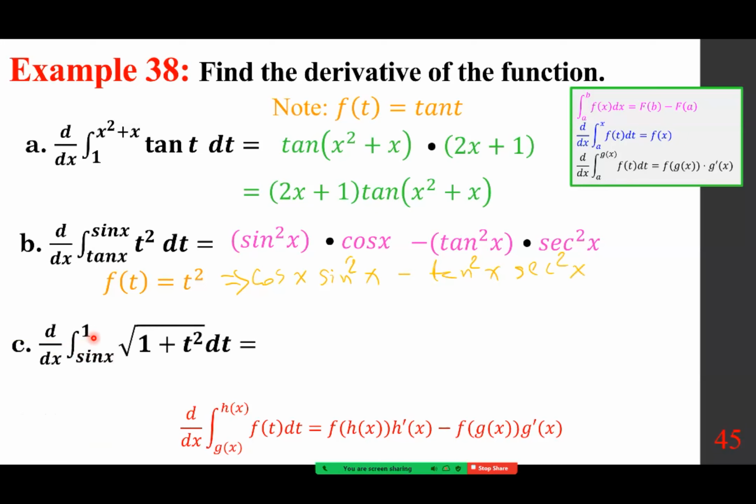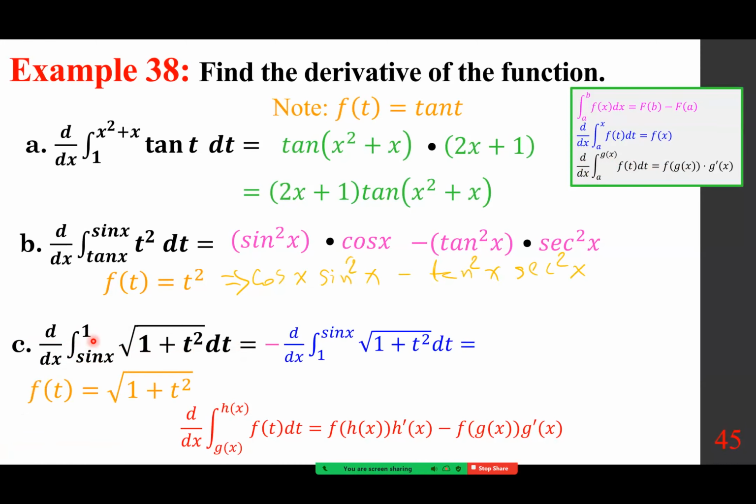If you want to take this derivative, basically you have to interchange these two to use that, and when you interchange these two, it becomes the opposite of what you see. Okay, that's your function, and it's the opposite when you bring the function up. The lower limit is any number, makes no difference.